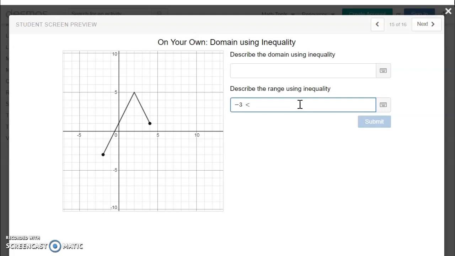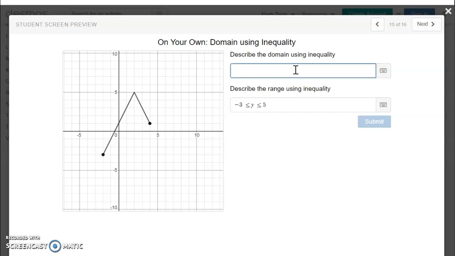To give me less than or equal to, you need to type that. So remember, the alligator mouth is always opening to the right, and then you need to press equals, and that will give you less than or equal to. And we're talking about y, less than or equal to, and what's the bigger number? We said it was 5.